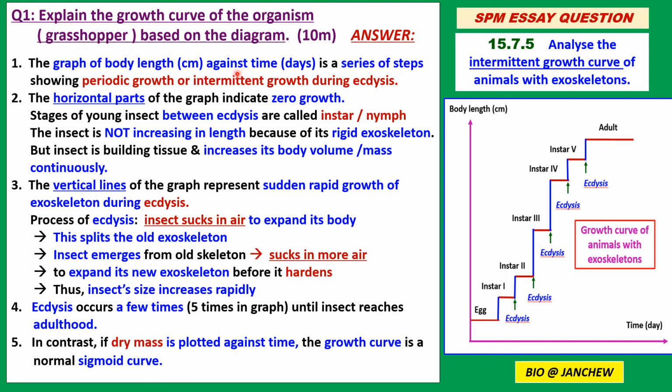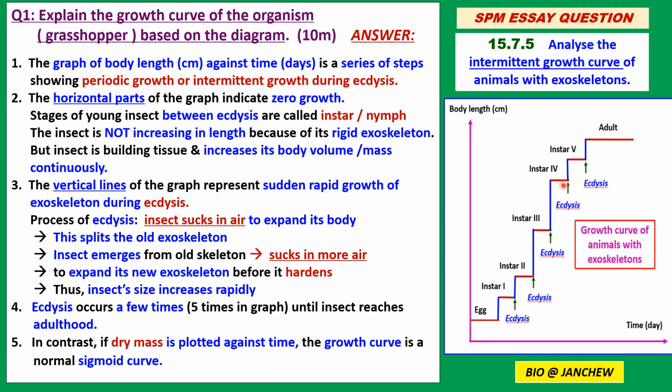The graph of body length against time is a series of steps showing periodic growth or intermittent growth during ecdysis. The horizontal parts, the red parts, of the graph indicate zero growth. Stages of the young insect between ecdysis are called instars or nymphs.